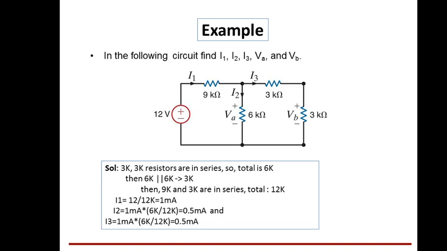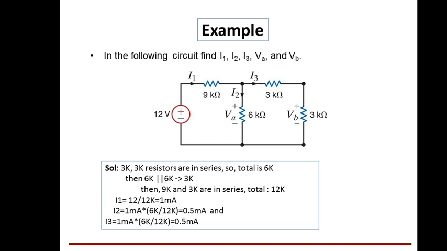So now here the current is dividing. I1 is equal to I2 plus I3, right? So current is dividing, that principle you have to use. If you want to find I2, take the total current I1, that is 1 milliamp, multiplied by the opposite value of resistance.